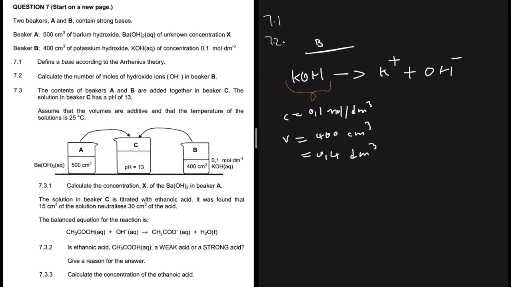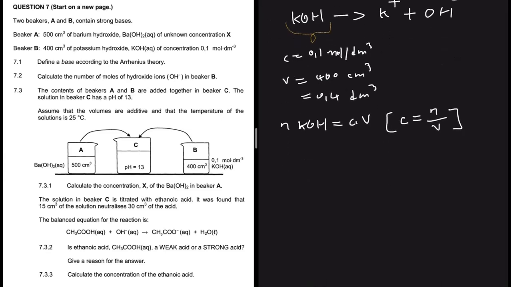Now we can find the moles of KOH and then use that to find the moles of OH using the balancing coefficients. So n of KOH is equal to C multiplied by V, because we know that the concentration is equal to the number of moles divided by the volume. So we're using that formula.